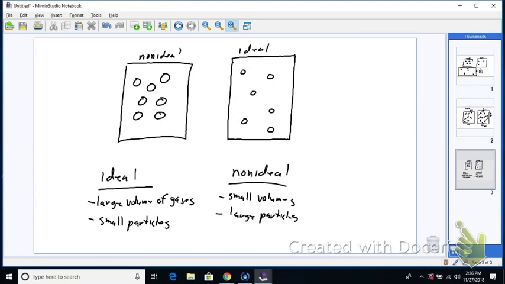Okay, what else? Constant. Ideal is constant motion. And non-ideal would be immobile, very little motion.